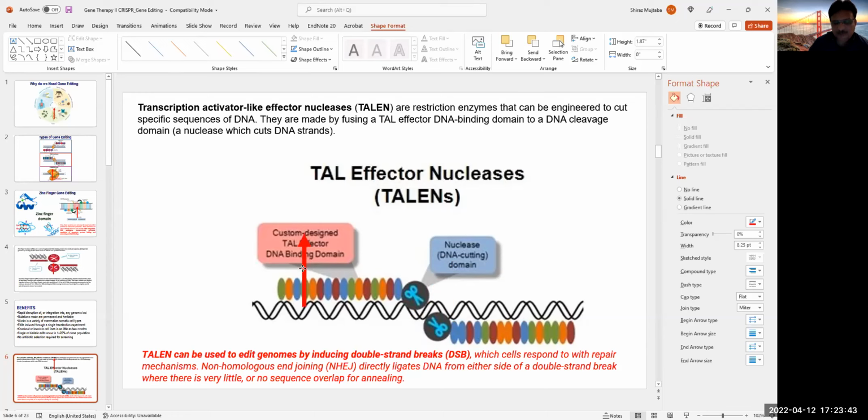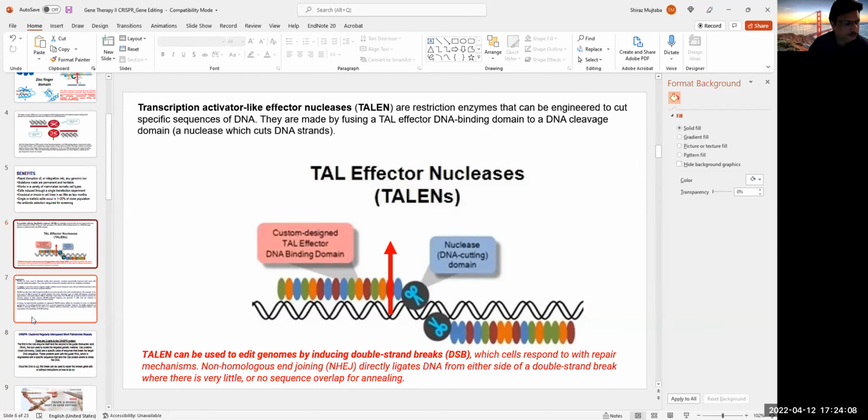So again, the transcription factor can direct this nuclease to a specific sequence on the DNA, and they can mediate this cut, and these create double strand breaks. Okay, so these were two short topics: zinc finger protein and TALEN, transcription activator-like effector nucleases.